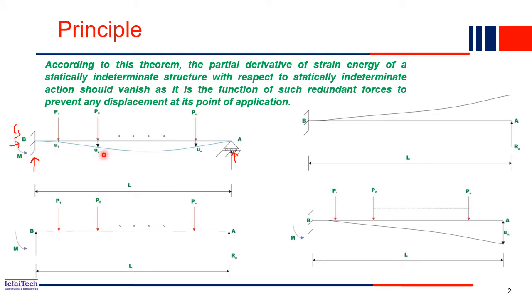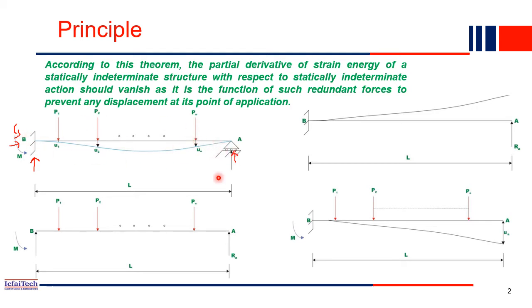So our first job will be to find out which force or how many forces we shall remove to get the determinate beam. Here it is one force. The forces or reactions which will be removed, we call redundant forces. So a redundant force is nothing but the reaction which we remove to make the structure a determinate structure.